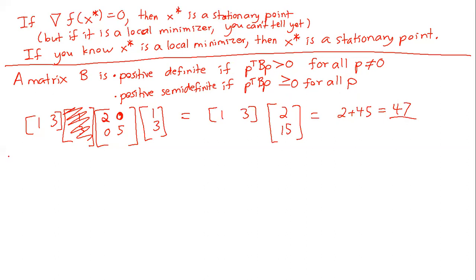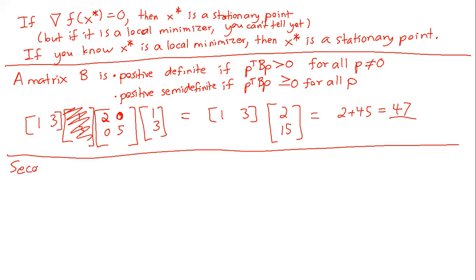So now let's do the second order necessary conditions for optimality. Because these are the second order necessary conditions, it's going to be related to the second derivative.